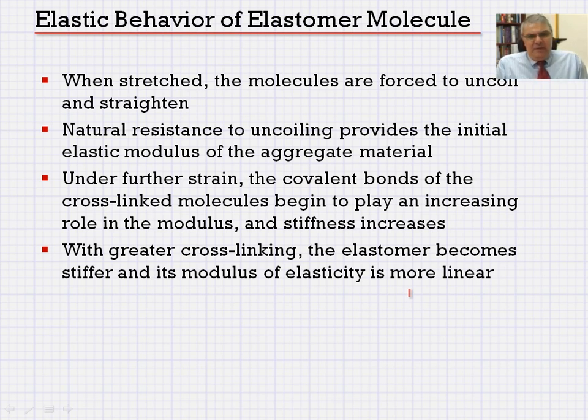So what happens as we stretch them? Let's take a look at that in a more systematic way. When we stretch them at the beginning, we force the molecules to get straightened out, like the previous figure that I just showed you, going from part A to part B. Then, of course, there will be some resistance because molecules don't want to get untangled, uncoiled and straightened.